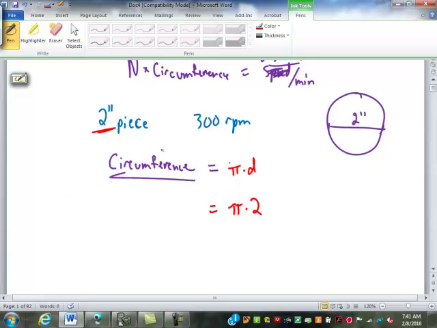Inches. Surface cutting speed is measured in feet per minute, so divide that by 12. Then multiply by our RPM, right? To get a speed.